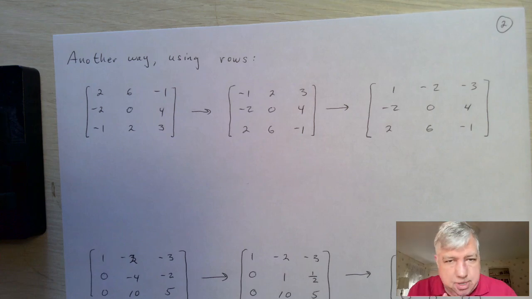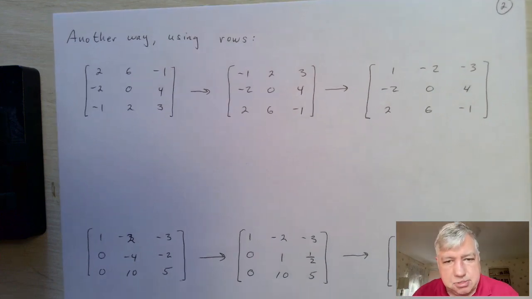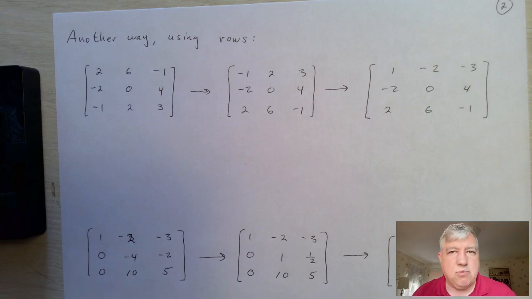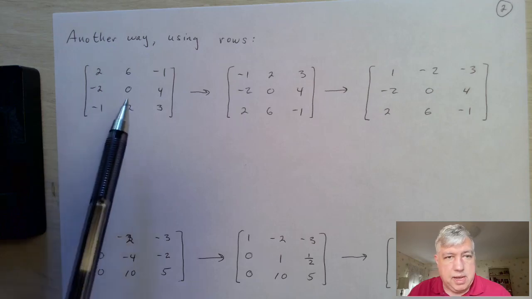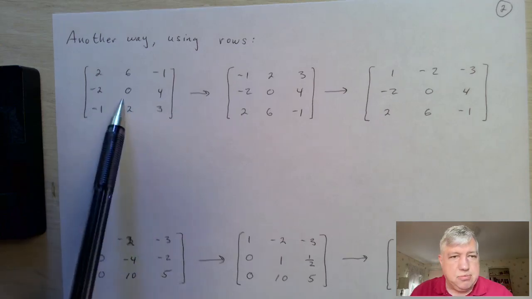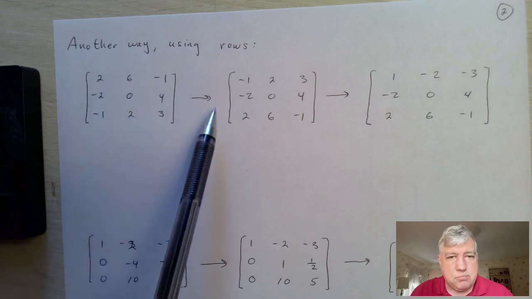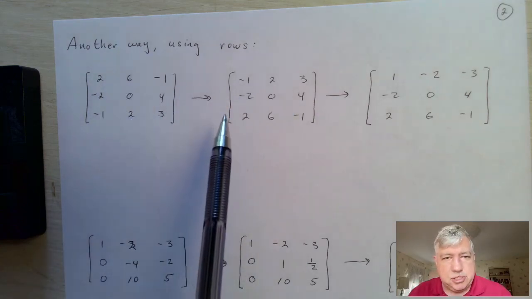Now, if we do this, let's use elementary row operations again to reduce this to reduced row echelon form. If we do that, once again we'll interchange the first and the bottom rows here. I'm not going to write down the operations just yet.